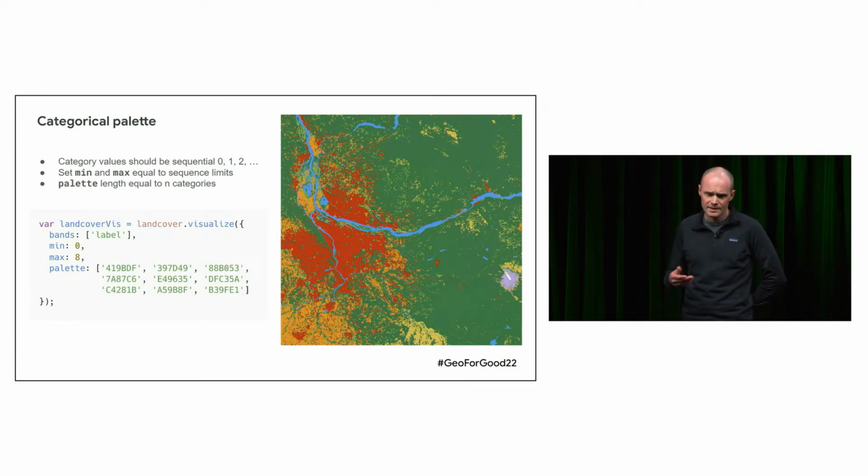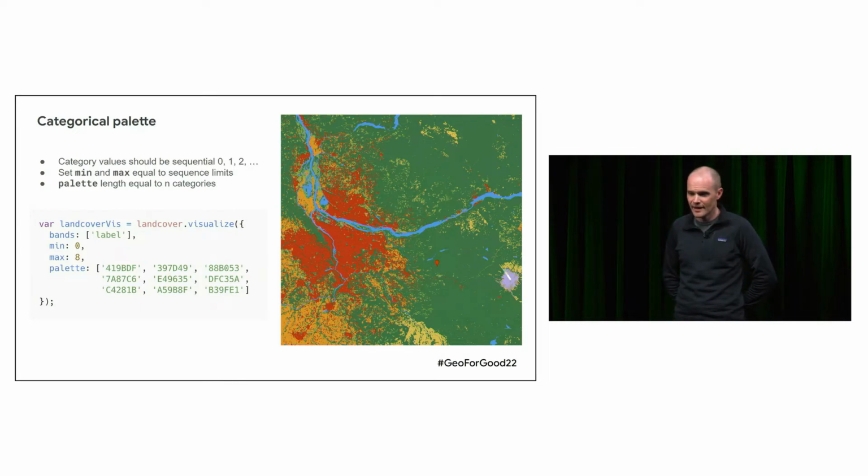And so previously that was continuous data. This is categorical data that we can do this to as well. And if you're going to be doing this with categorical data, it's important that the classes be sequential. So this is land cover that we have here. It has 9 classes. It happens to be the Dynamic World dataset, which is pretty cool. And conveniently, it goes from 0 to 8.